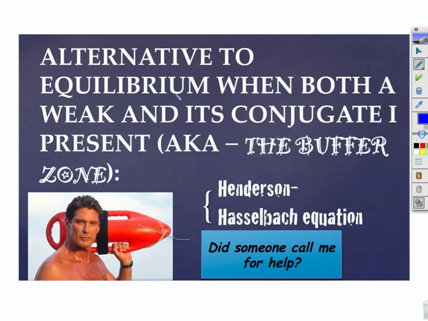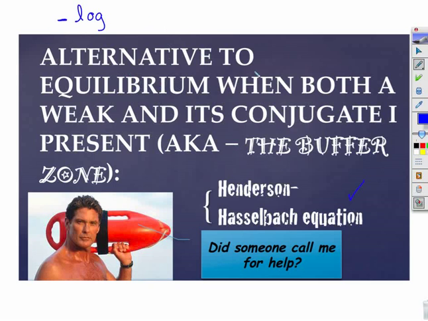Now, I want to show you the alternative to having to do a full RICE. Some people don't teach it. I really like it. I'm not going to derive it, but if we took minus the log of both sides of a Ka or Kb expression, we would end up with what is called the Henderson-Hasselbalch equation. No, not the David Hasselhoff equation, the Henderson-Hasselbalch equation.